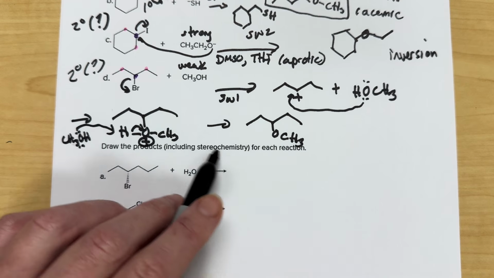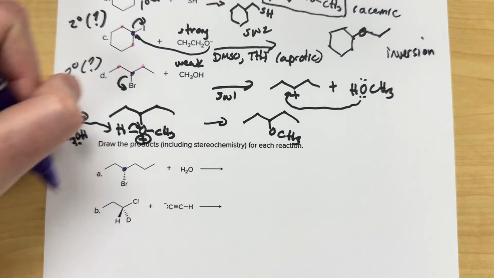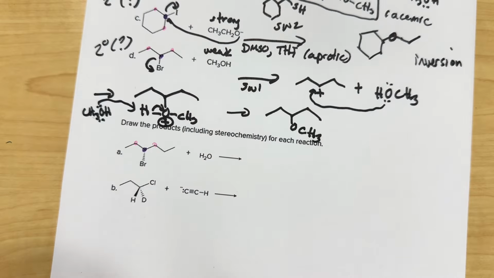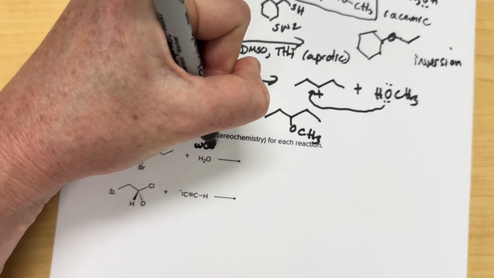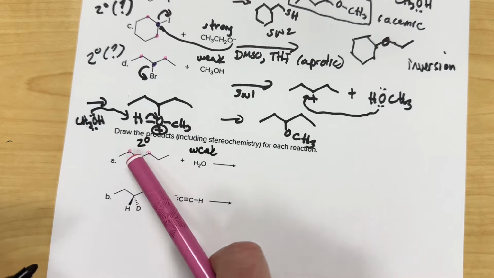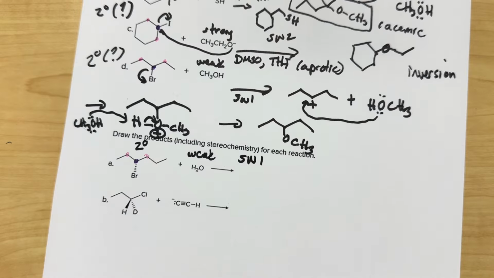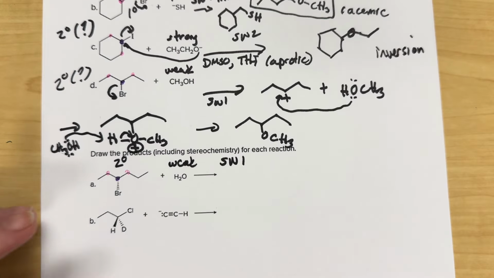Okay, now we get to this one. Hopefully you agree. This one's secondary. So secondary, we're like, I don't know, but this is weak. So this is going to definitely occur via an SN1 reaction. SN1 is always going to give you the racemic mixture.